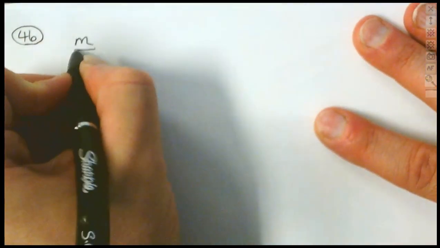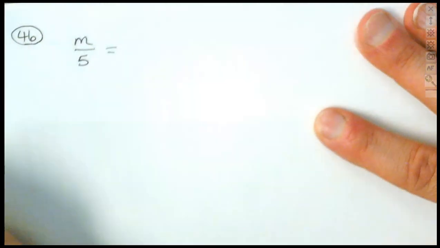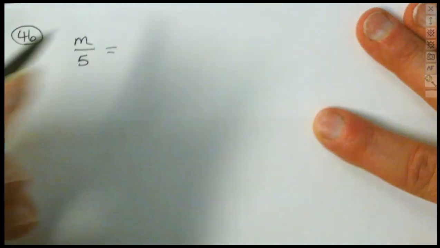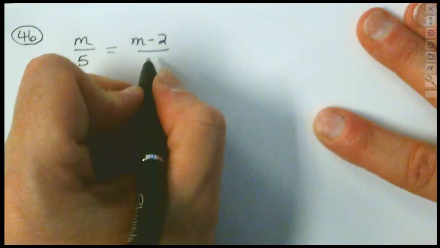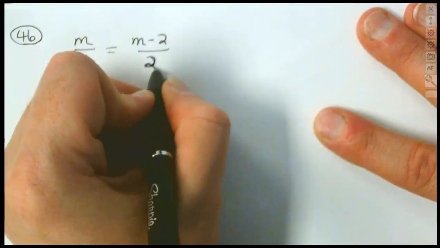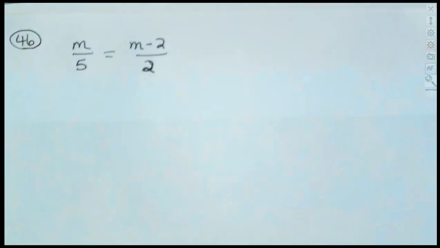Question 46, we've got m over 5 equals m minus 2 over 2. Same concept. Fraction equaling another fraction. Cross multiply.